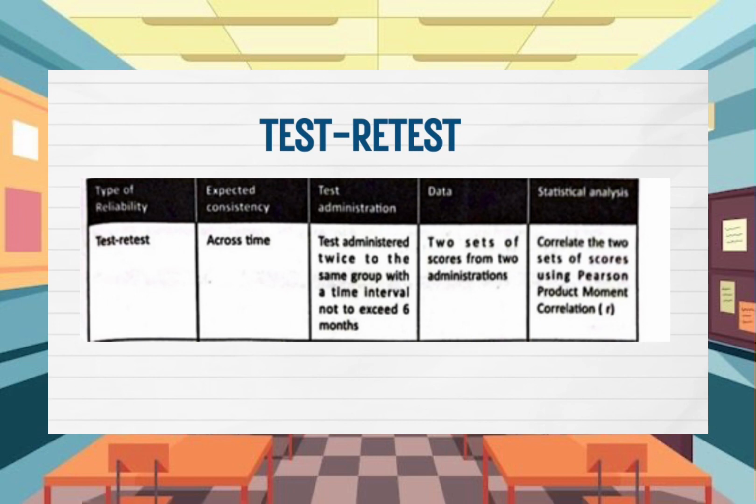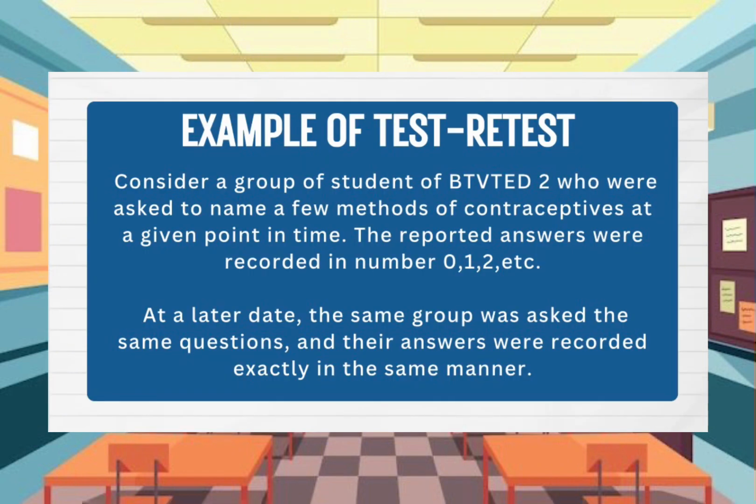Test-retest reliability is a specific way to measure reliability of a test, and it refers to the extent that a test produces similar results over time. We calculate the test-retest reliability by using the Pearson product-moment correlation. Here's an example of test-retest reliability.